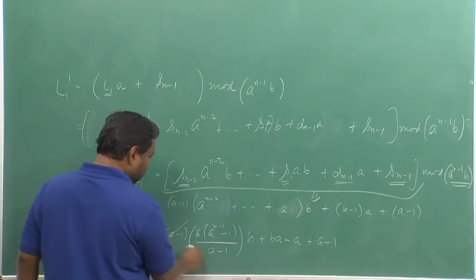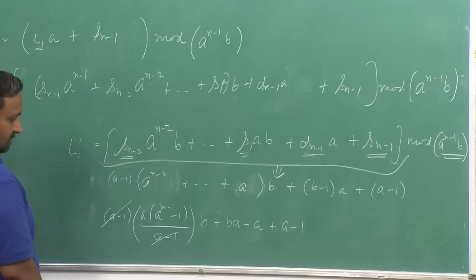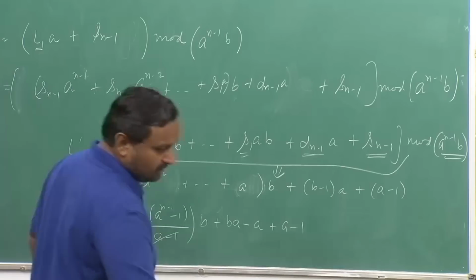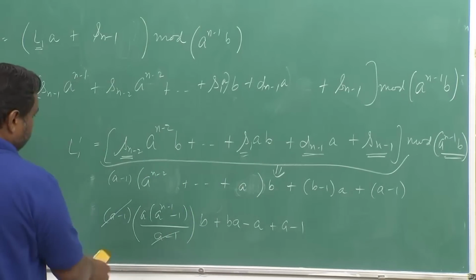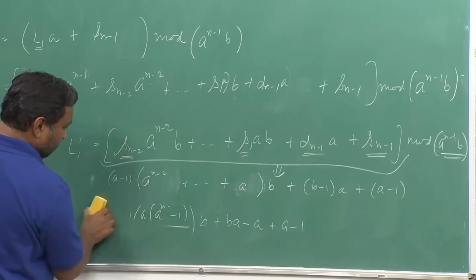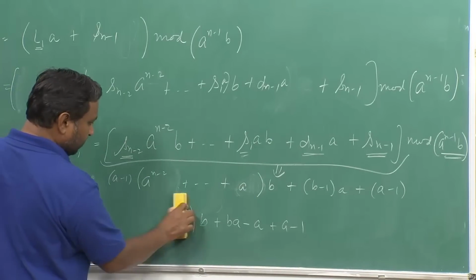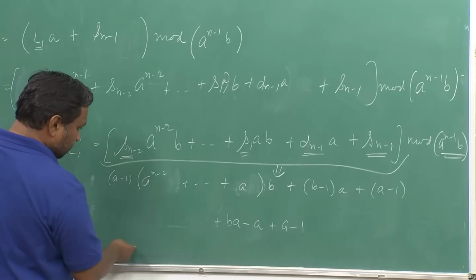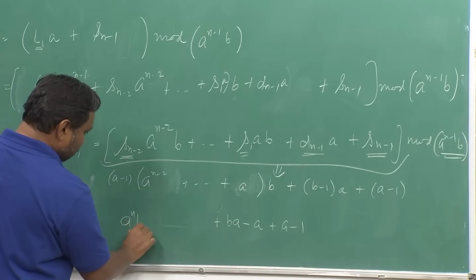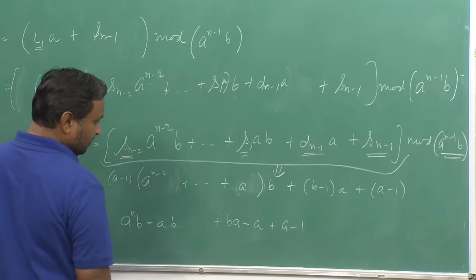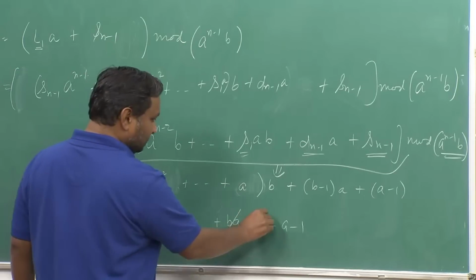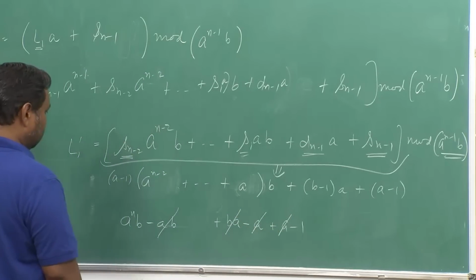So, A minus 1 cancels with this. So, you will end up getting A raised power n b minus A b. So, minus A b will cancel with this, A will cancel with this.